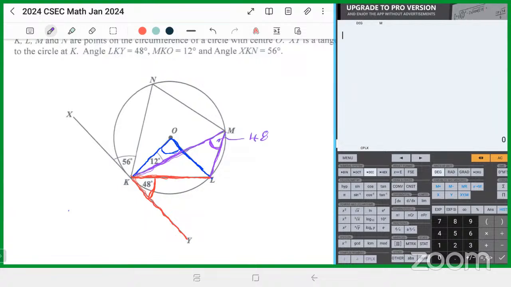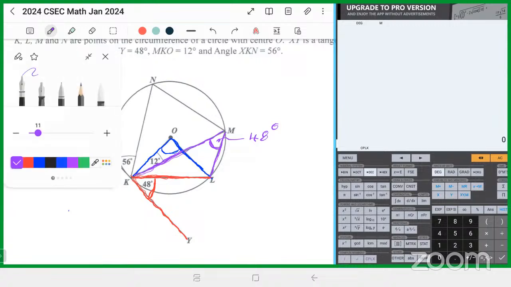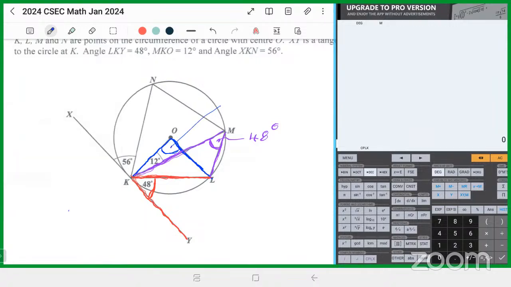But this 48 degrees at the circumference is subtended by this chord, which subtends twice as much at the center, because the angle at the center subtended by a chord is twice the angle at the circumference subtended by the same chord. So the angle at the center right here is 2 times 48 degrees.